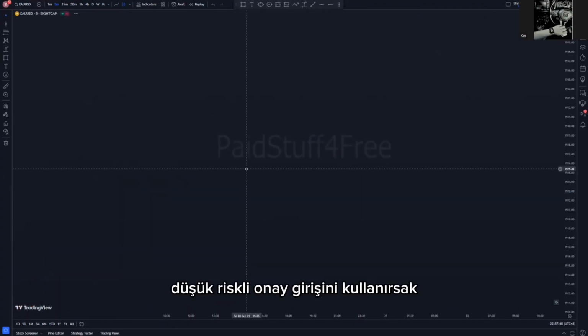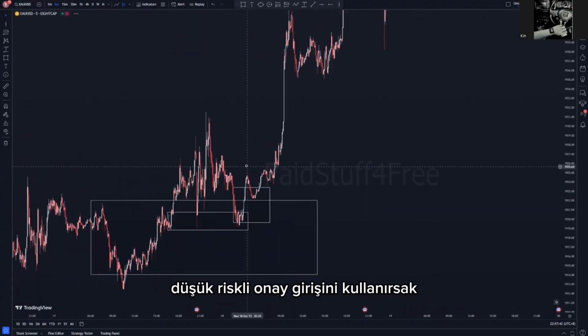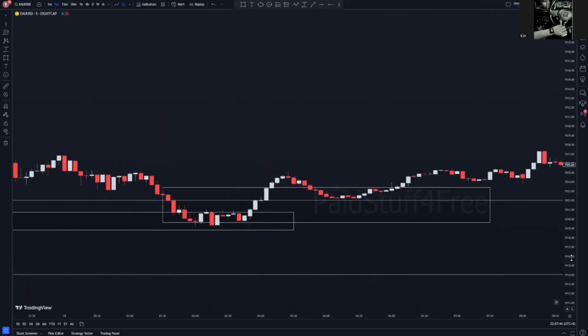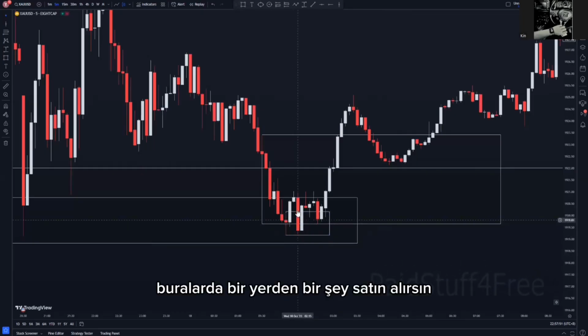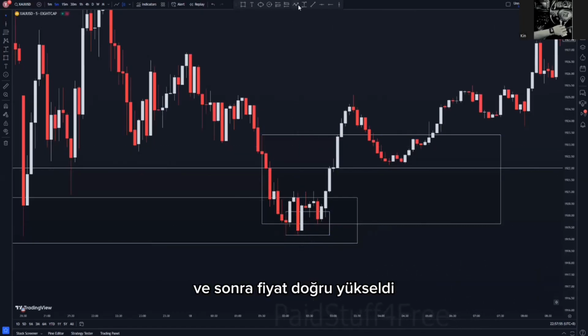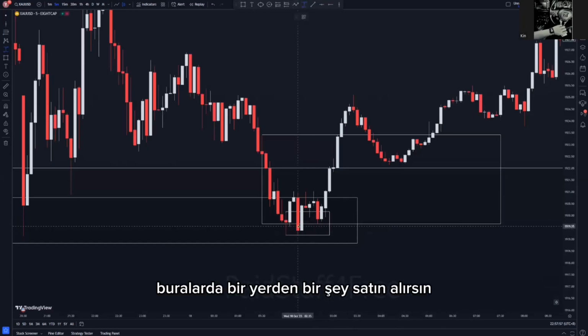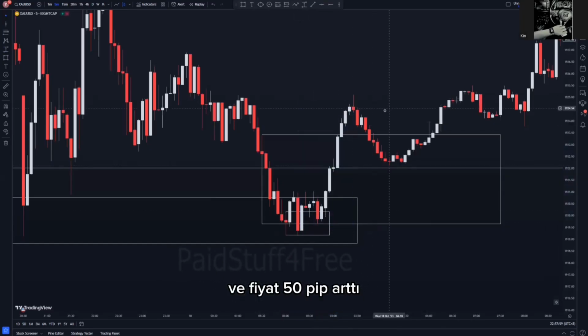So let's look. If we use the low risk confirmation entry, you take a buy somewhere around here, and then the price went up, right? The price went up 50 pips.